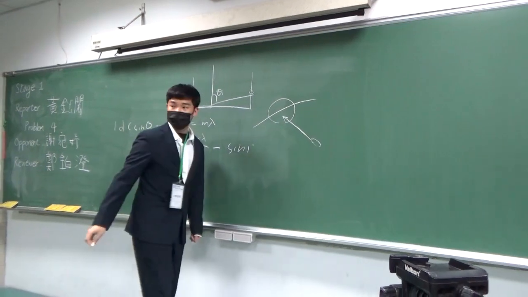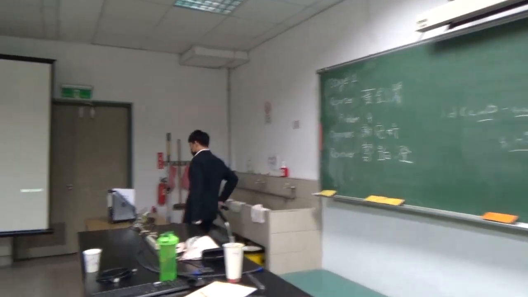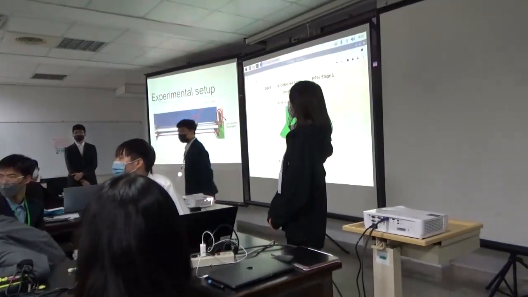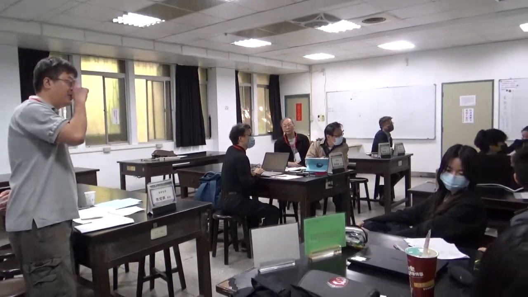Okay, that's fine. I also have three questions for all three of you. First, could you please go to the surface of the CD? You have a slide about the surface. Okay, here.